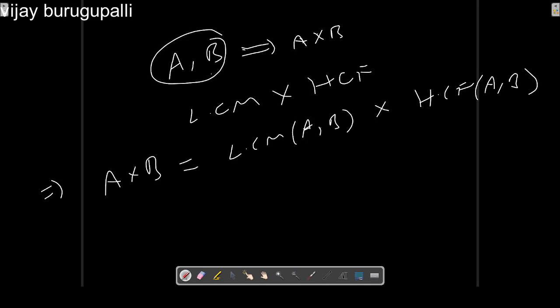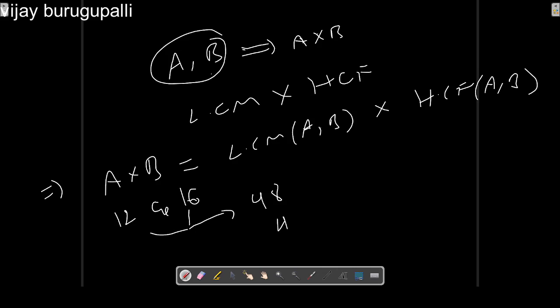For example, let's take two numbers 12 and 16. The LCM of 12 and 16 is 48. Similarly, the HCF of these two numbers is 4.